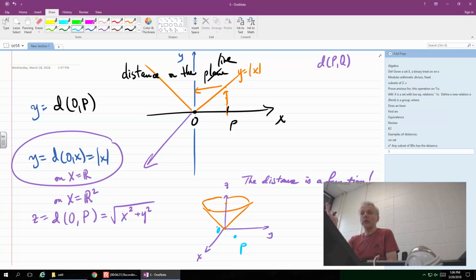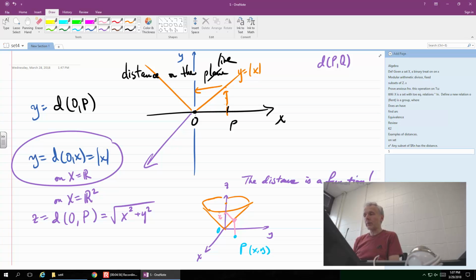So I want to think of the distance as a function of points. In this particular case, there's only one point P with coordinates x, y, and instead of literally measuring the distance, I have a function prepared, and I just go vertically until I hit that surface, and then I go horizontally until I find z, a positive number on the z-axis. So it is a function of real value.